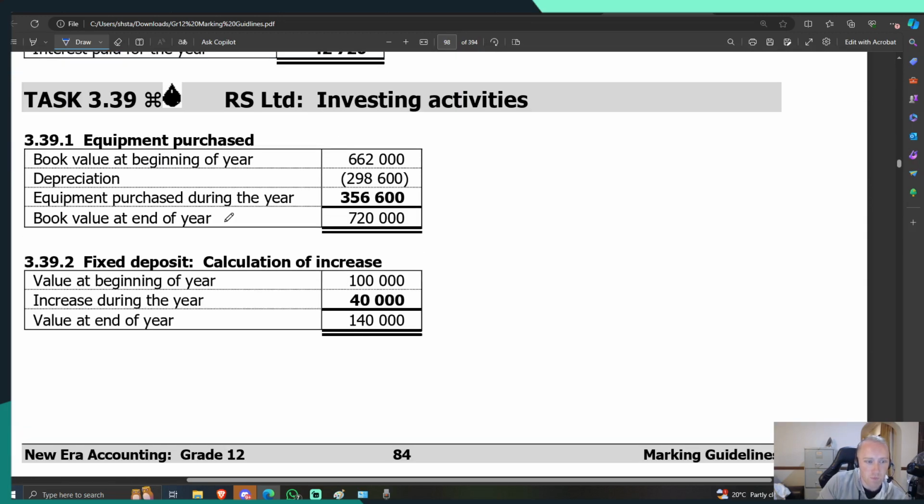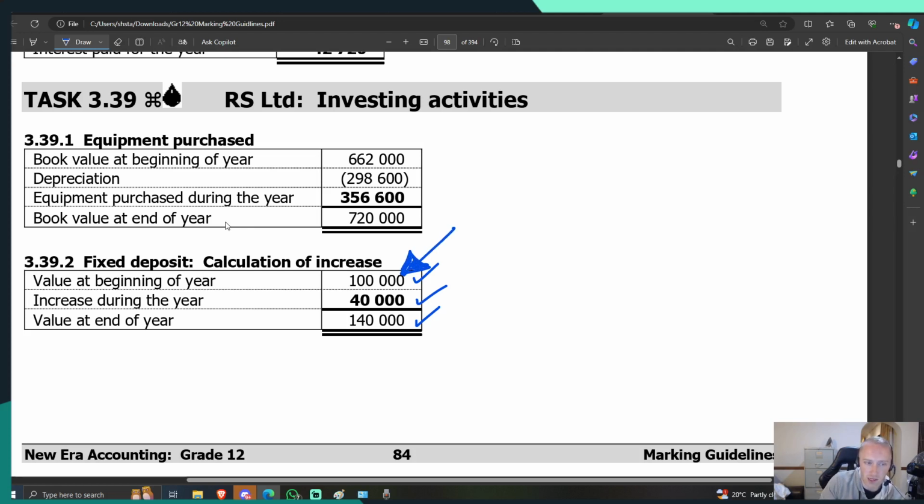there we have in our fixed deposit, the value at the end was 140, value at the beginning 100, so we had a cash outflow or an increase in fixed deposit of 40,000. It's not in brackets here because this is not an extract from the cash flow statement.